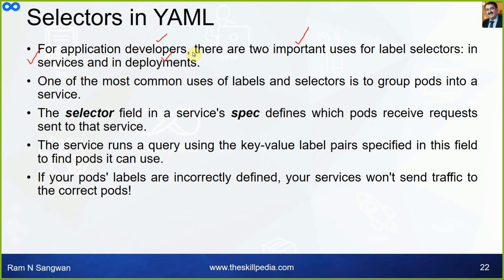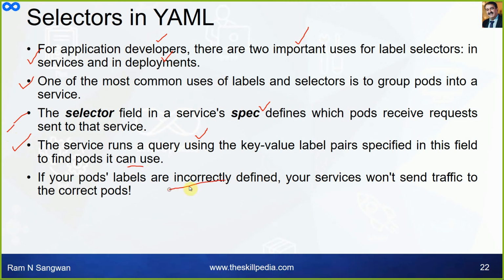One of the most common uses of labels and selectors is to group pods into a service. The selector field in a service spec defines which pods receive requests sent to that service. The service runs a query using the key value label pairs specified in this field to find the pods it can use.